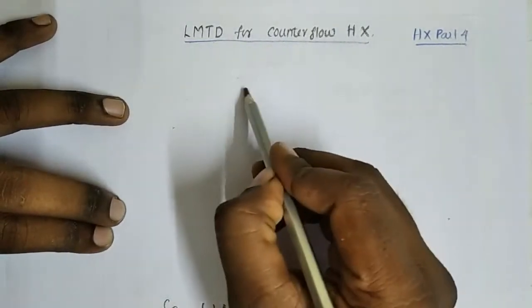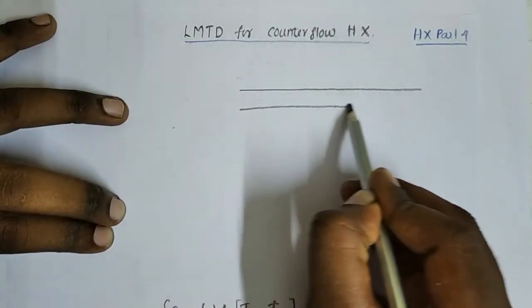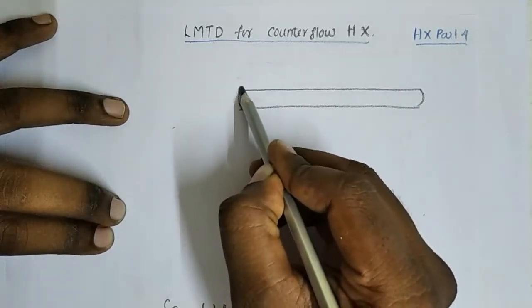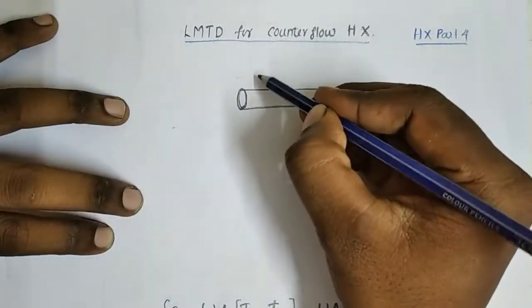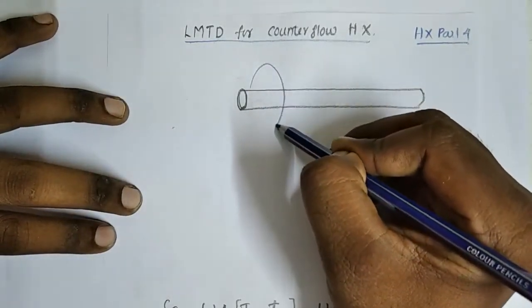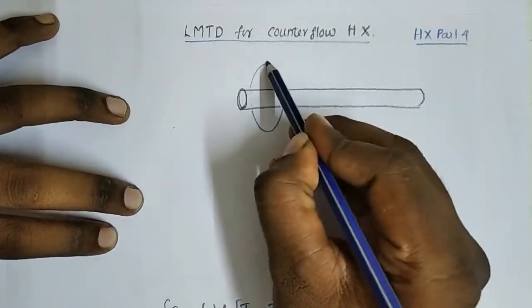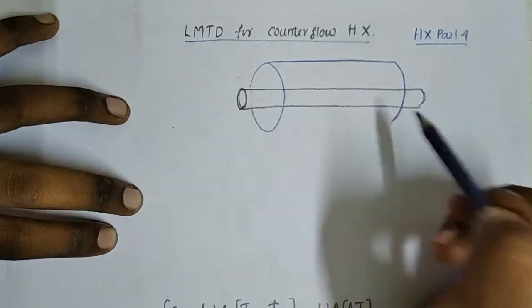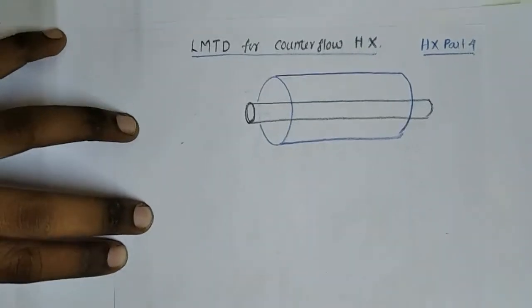Here, this is a center tube through which the cold fluid flows, and this tube is enclosed in a shell through which the hot fluid flows.